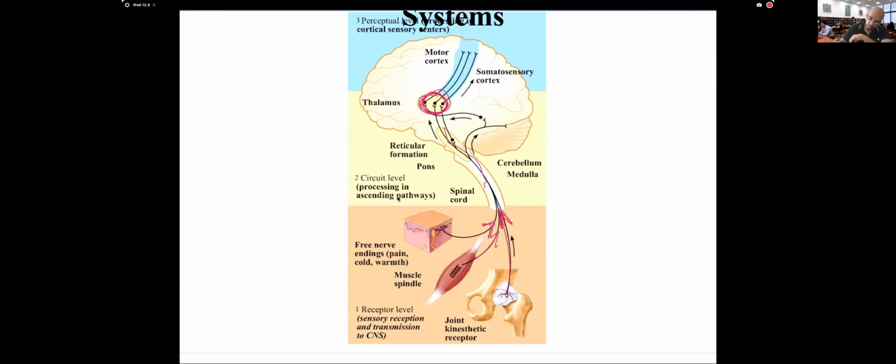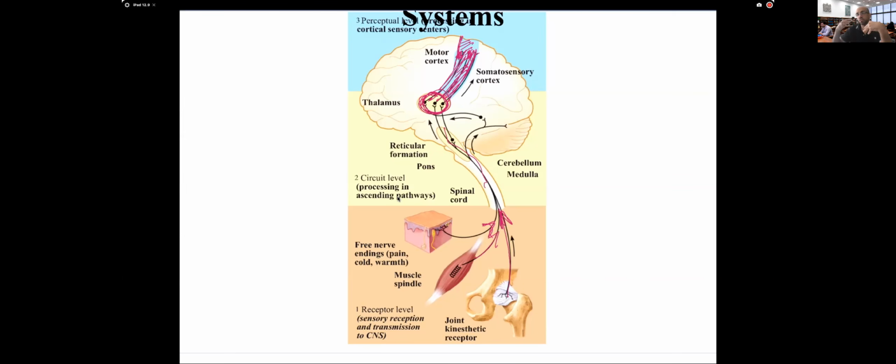And according to that, I'm sending out the most important sensations to my cerebral cortex, the primary somatosensory cortex. Remember, that was located posterior to the central sulcus in the post-central gyrus. This is the primary somatosensory cortex.